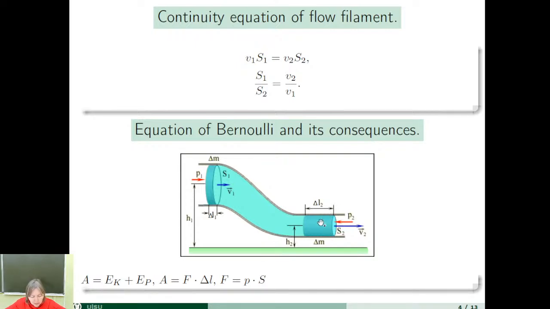The work made at it by forces of pressure is equal to the increment of total energy, kinetic energy and potential energy in the considered volume of liquid. The work is equal to the sum of kinetic and potential energy.